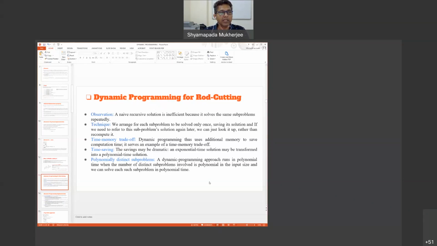But one thing you need to remember is that the number of distinct subproblems we encounter while solving the problem should be polynomial in terms of the input size. And each subproblem should also be solved in polynomial time. Then that will give you a polynomial time algorithm for a problem which, solved in the normal recursive way, shows exponential time complexity.